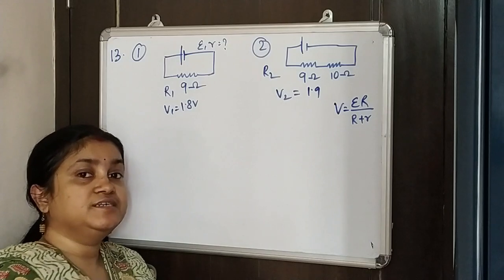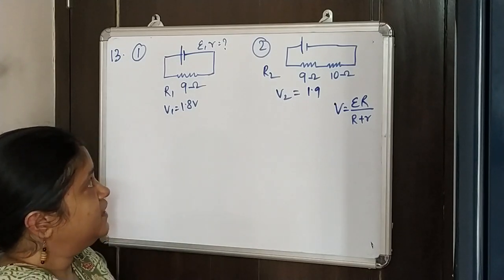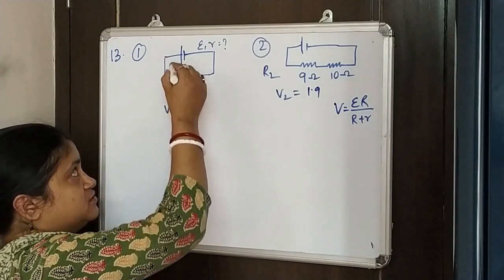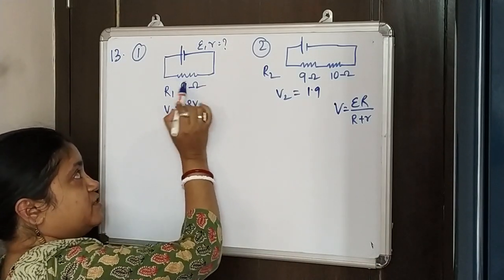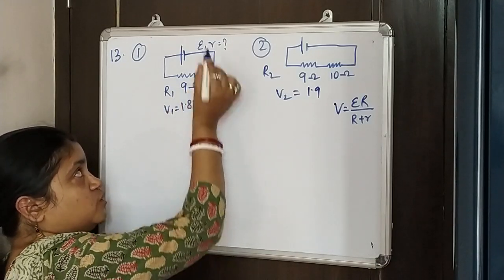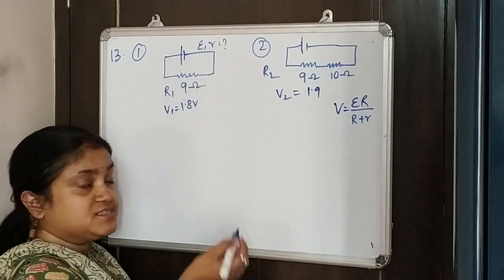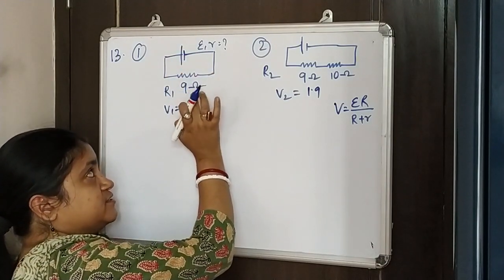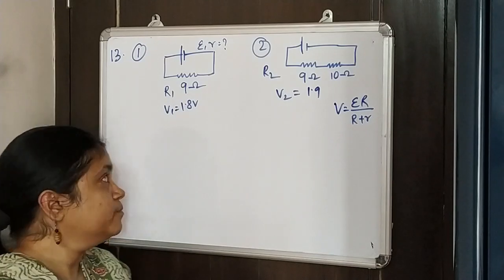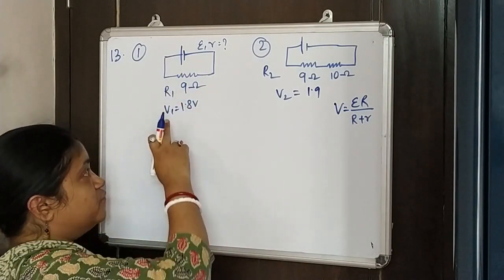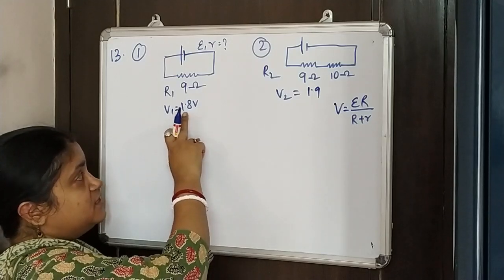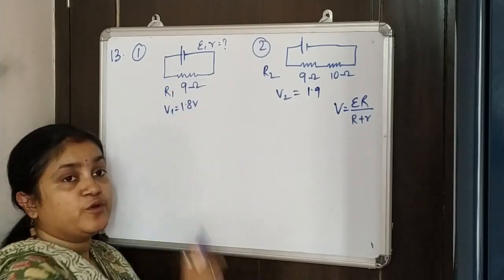Coming to the 13th numerical, it is given that there is a cell which is connected to a resistance. Outside, the two ends are connected to a resistance, and the resistance is 9 ohm. When the resistance 9 ohm is connected, the voltage reading, or the terminal voltage, is 1.8 volt.